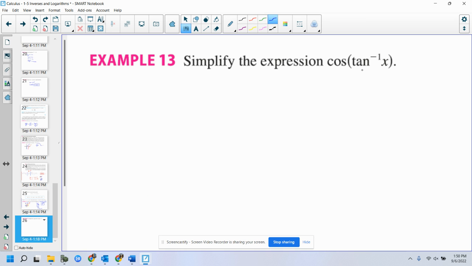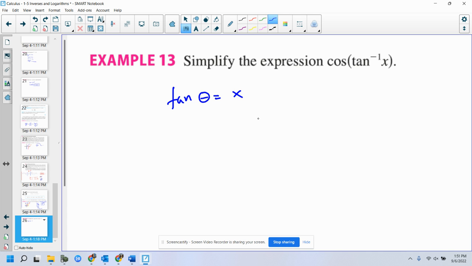Simplify the expression cosine of inverse tangent of x. Cosine of inverse tangent of x. I'm kind of going to do the same thing. Tangent of some theta is equal to x.